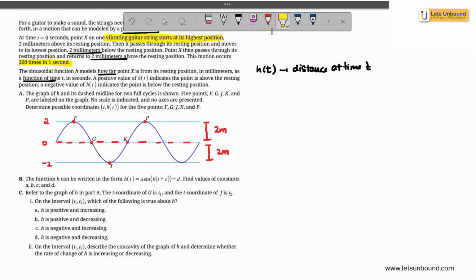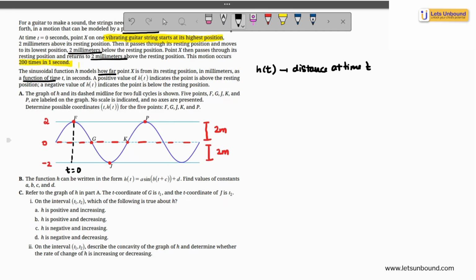In fact, it starts from its highest position. Then we go on ahead to understand how we will be finding the coordinates. When it says it starts at its highest position, it means F is the point that the guitar string should start from. So this is where our axes intersect, because this is h(t) being 0 and this is time being 0.